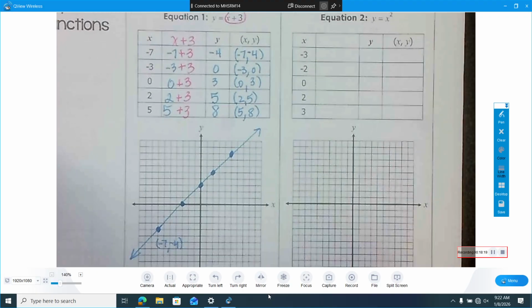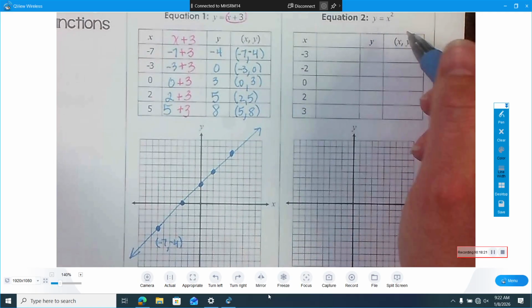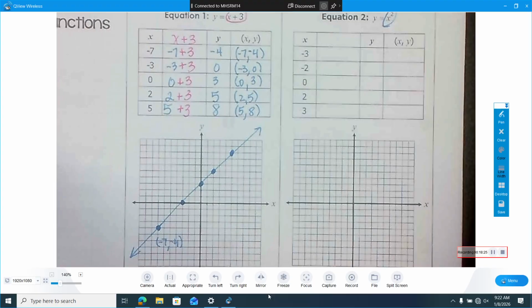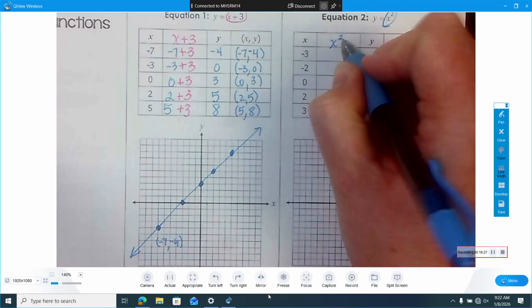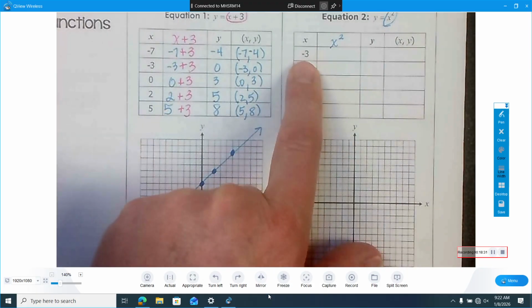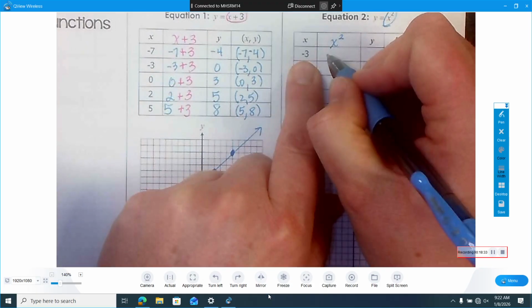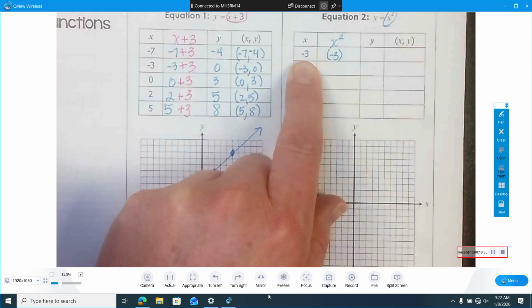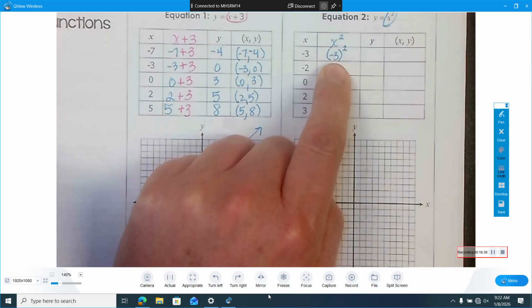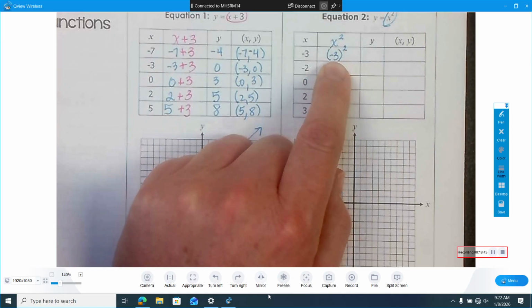All right, let's look at equation 2 here so you can see the difference. Our rule now is we're going to take our x value and we're going to square it. And so here, I'm taking a -3, and again, I'm replacing my x with a -3, and I'm going to square it. What is -3 repeated 2 times? 9.